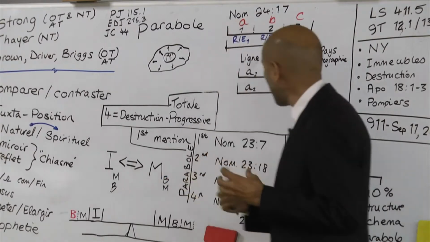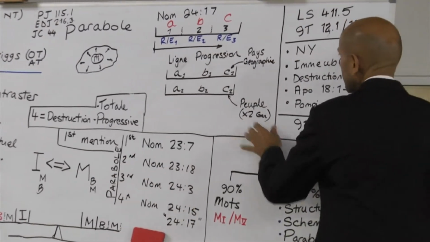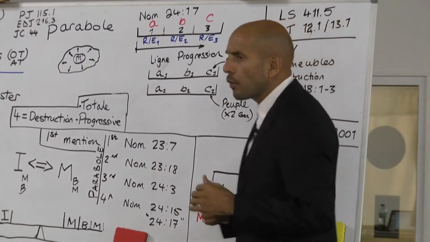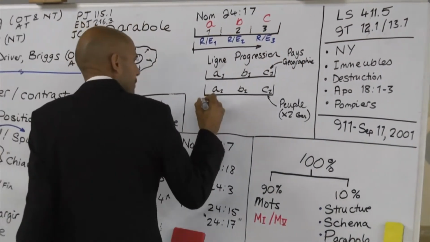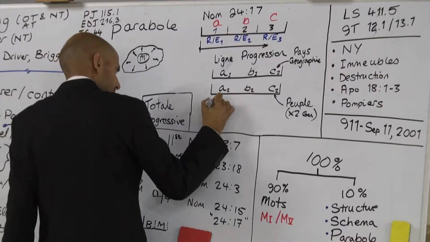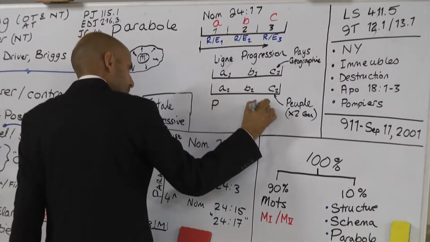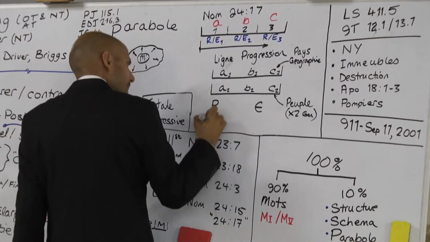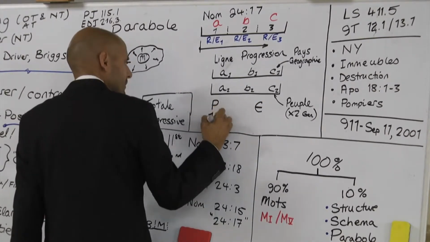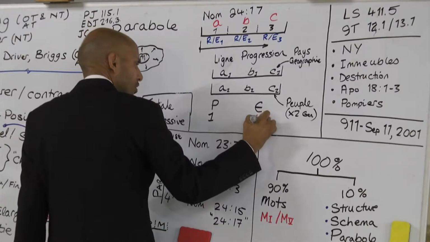So when we talk about two, it can be two generations, the parents and the children. The parents are the first generation and the children are the fourth.